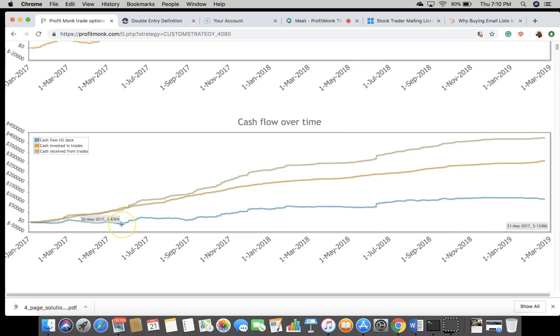The lowest you see is about $8,000. So if you had started here, the maximum money that would have gone out of your bank account is about $8,200, because till the point this line is negative, the money is going out of your bank account. When this line turns positive, which is what happened somewhere in the middle of 2017, or slightly earlier than that, what that means is that the gray line, which is cash received from trades, has exceeded the orange line, and therefore you are playing on house money.